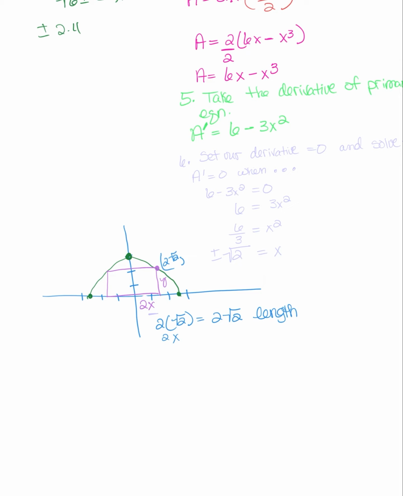We'll just use red. Okay, so step 7 is to plug this value of x, not the 2x, but the actual value of x right there, into our secondary equation to solve for our other variable.